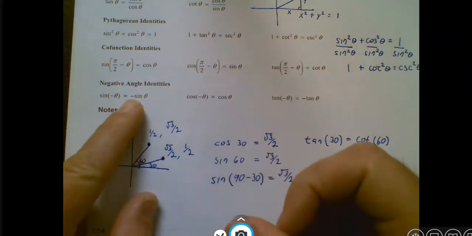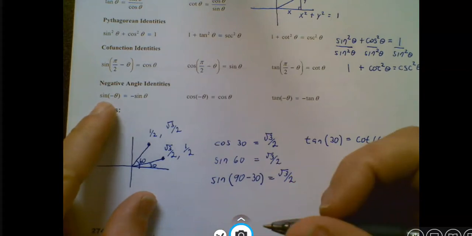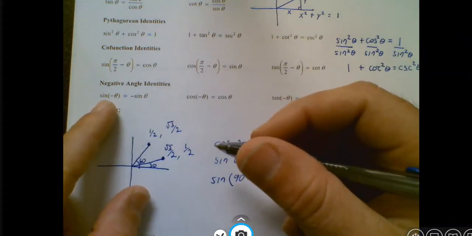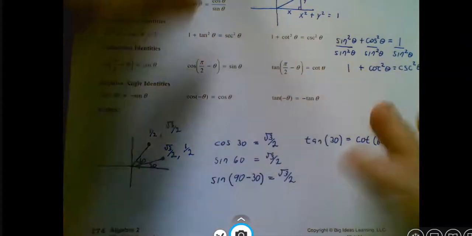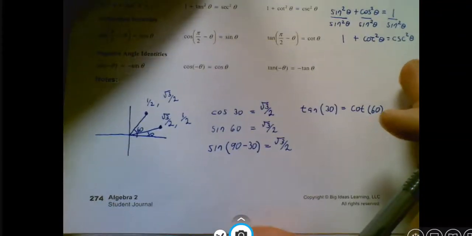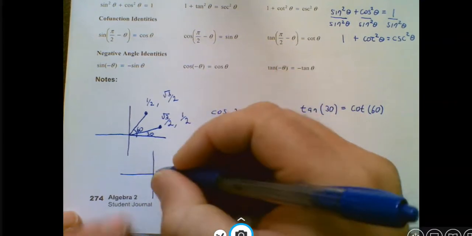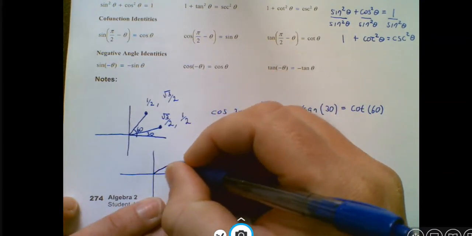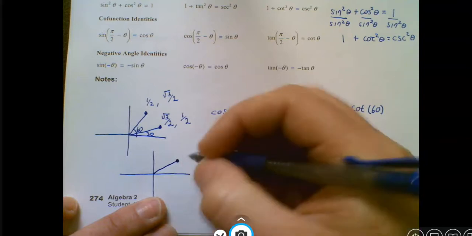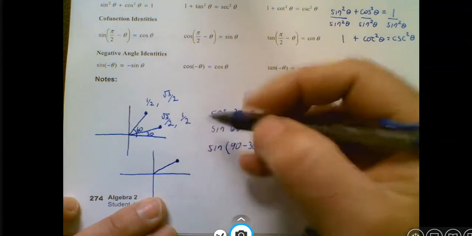And then the last one here is negative identities. The sine, because sine works up and down, when I travel, let me see if I have a little space to write it down here. So here's my unit circle. If I were to go up 30 degrees, you'll notice my sine value is 1/2.